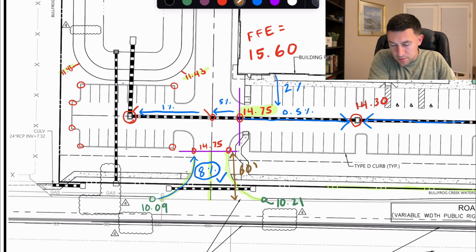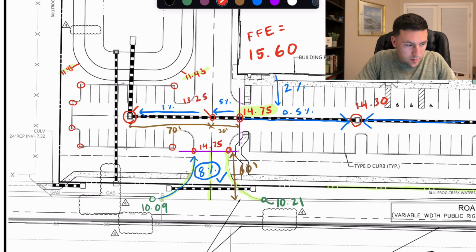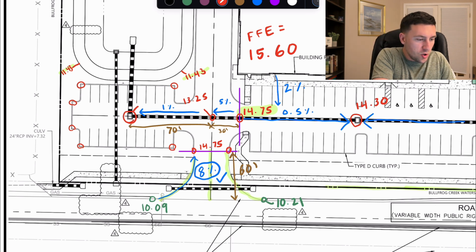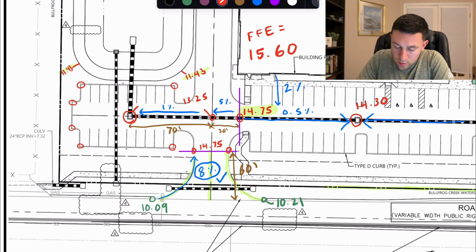And that's going to be 5% times 12, 30, about 30 feet. So maybe this is set at 13.25. And then from that point, we can slope back down to the low point at a softer slope. So if we're at 13.25 minus, we got about 70 feet left. Let's slope 1% right here, and again, we were saying 5% right there.